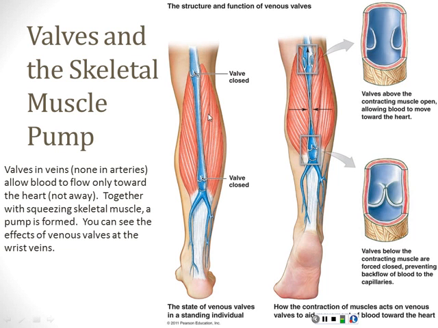Now, for human beings, because we stand upright, that journey is made more difficult by gravity. Unlike an animal that's on all fours, that's never very far above the ground, for us humans, we've got to get blood from our feet all the way back up to the heart, which is 3 to 5 feet, right, to get blood back. So we have to have some tricks to getting blood back to the heart.